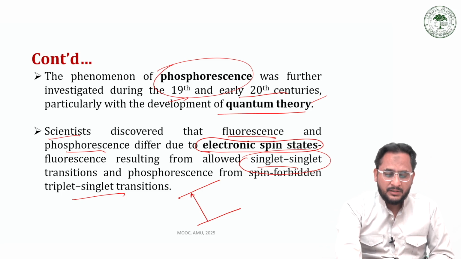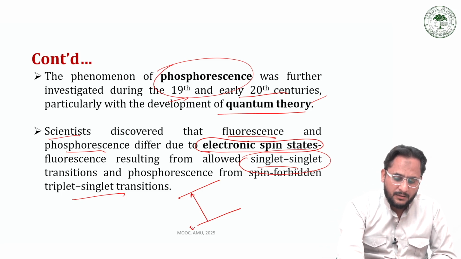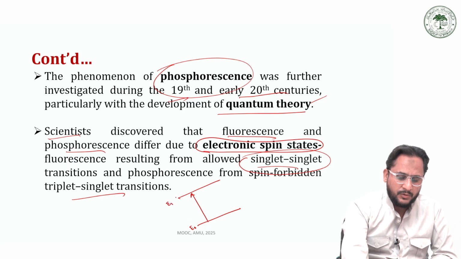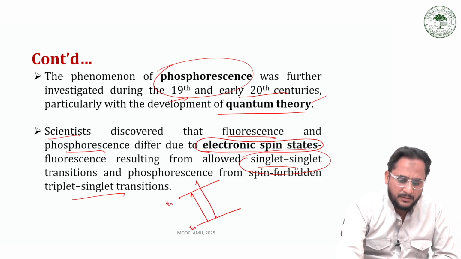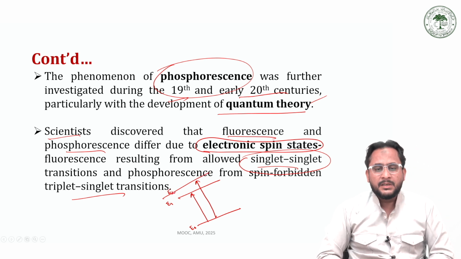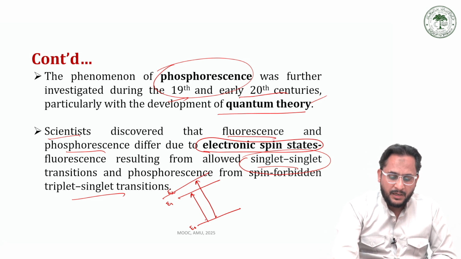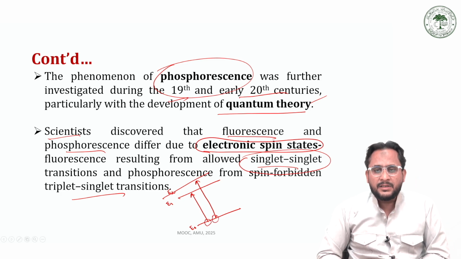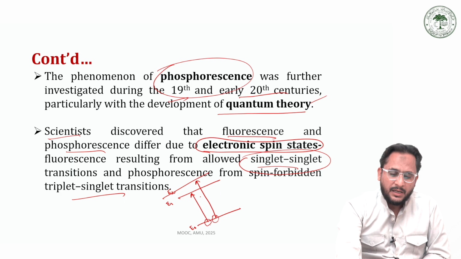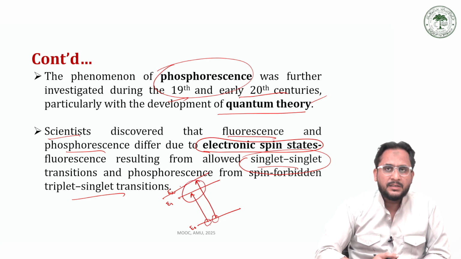The transition involves going from the ground state to E1, or sometimes from the ground state to E2, but in these two cases we have a singlet spin state in the ground state as well as a singlet spin state in the excited state.